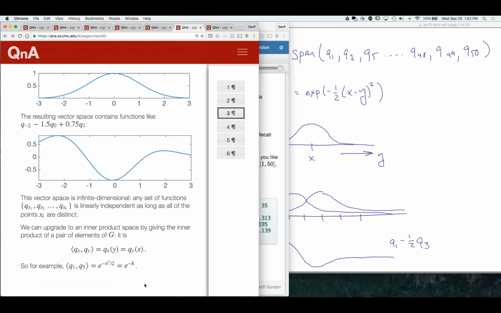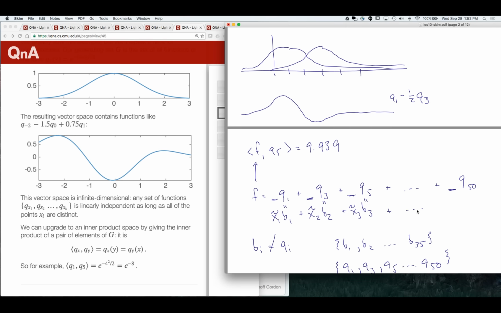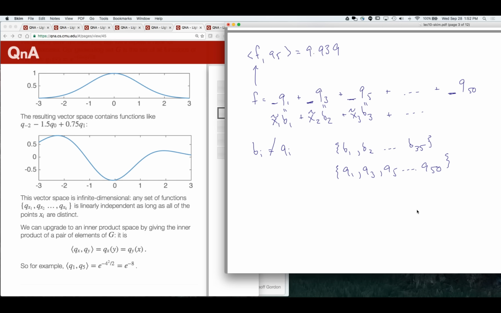I think we gave another example of a different inner product on this same vector space. So if we go back to a blank spot on our slides, a different inner product.